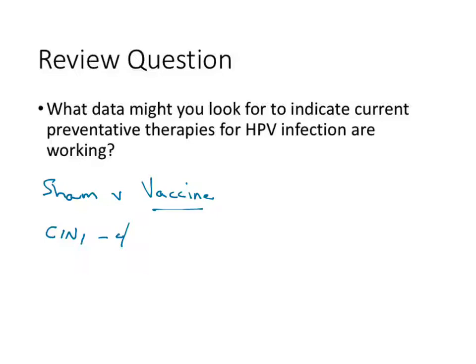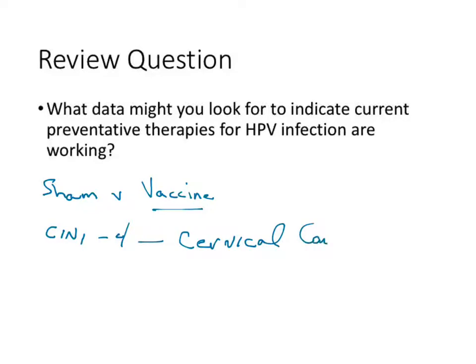The more abnormal cells there are, the higher the grade. So there's a progression. CIN 1 represents the lowest of precancerous lesions, CIN 4 are the worst of those precancerous lesions, and then you have cervical cancer.